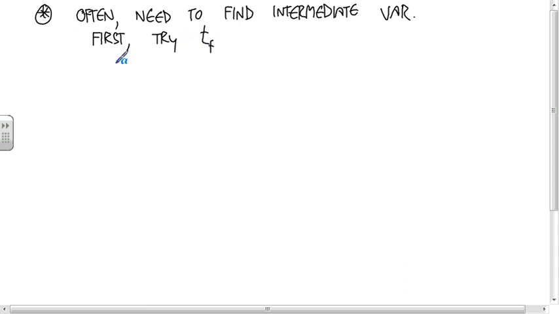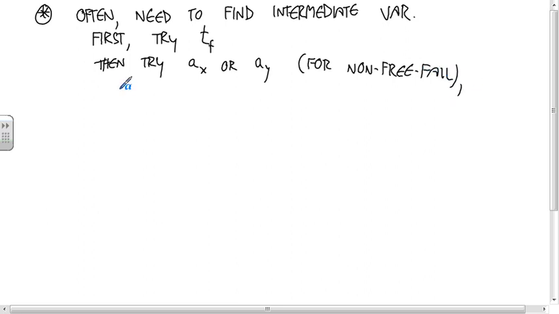So if that doesn't work, then try acceleration. That's only true in free fall problems. And then after that, you're on your own. In a free fall, the acceleration will still be negative 9.81 for x and y.